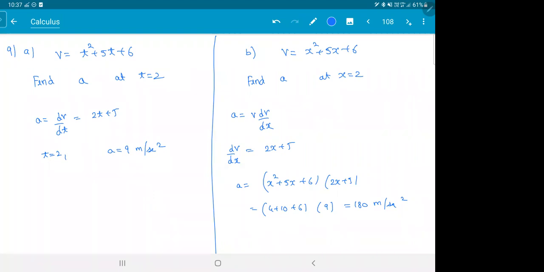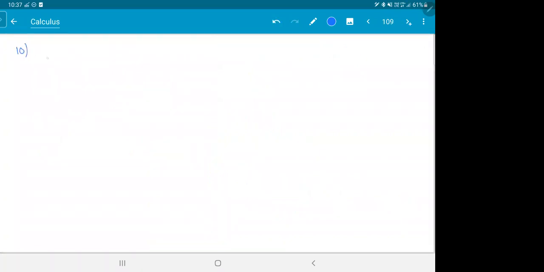Next one. Can I turn the page? Acceleration is t square plus t.